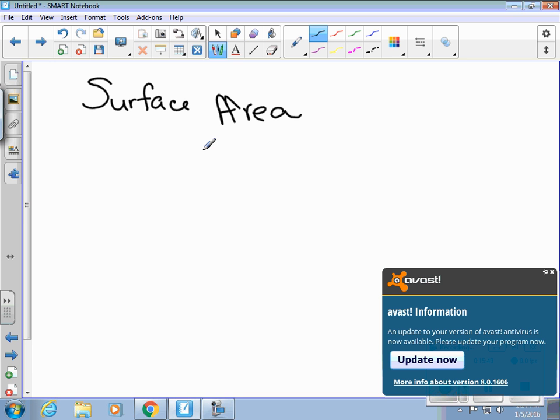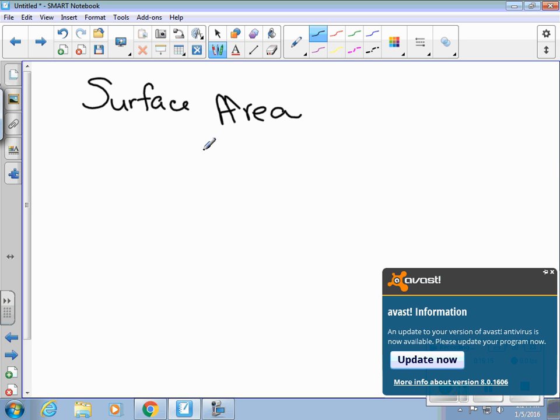So, it doesn't matter. This one has how many faces? 6. Because we pretend that we have a top. If this was a box, how many faces would it have? 6. So a rectangular object or a cube, square, is going to have 6 faces.